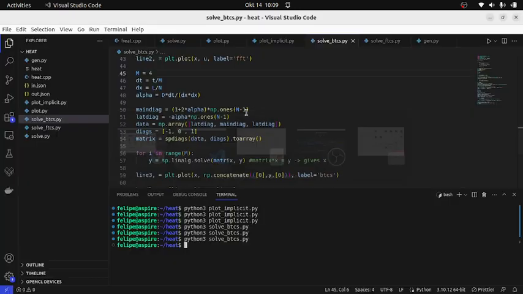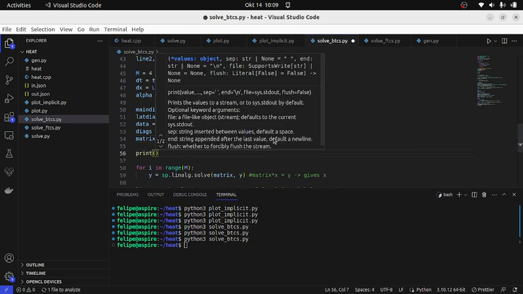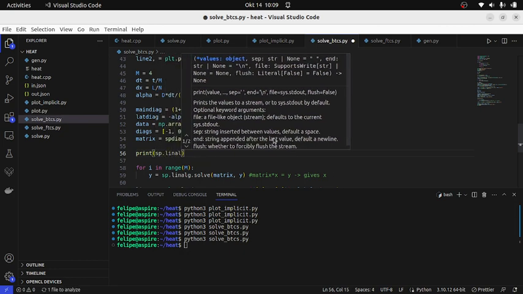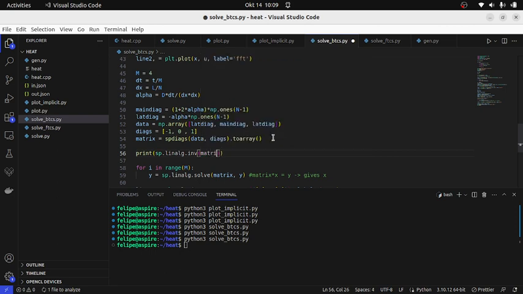And the idea, well, now I am going to do what I told you not to do. I will just invert the matrix, but it's just for us to visualize, because it becomes really clear. I'm going to do a linalg inv of the matrix, and I will pick the 5th line, for example.